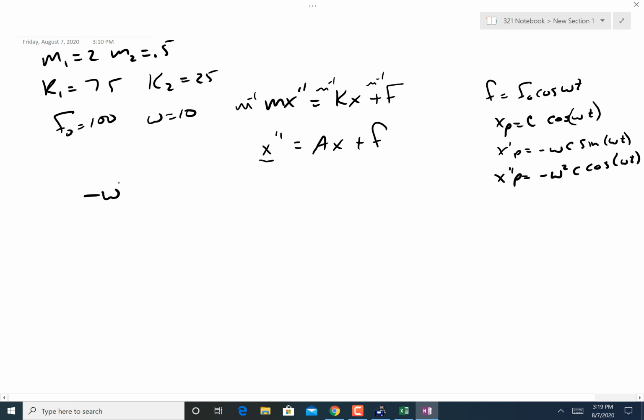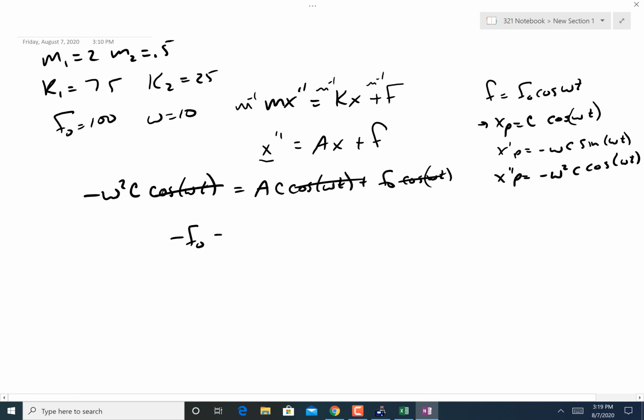So that's negative omega squared c cosine omega t equals A times that x particular solution, c cosine omega t, plus f naught cosine omega t. It doesn't take a rocket surgeon to see they all have a cosine omega t in common. And your book chooses to solve it this way.